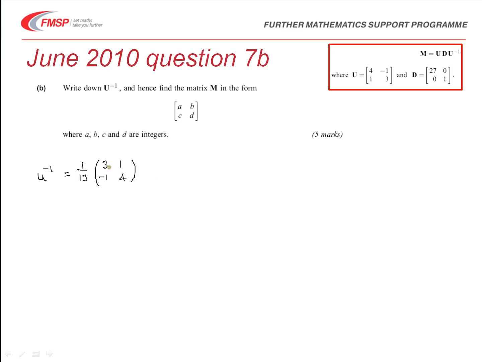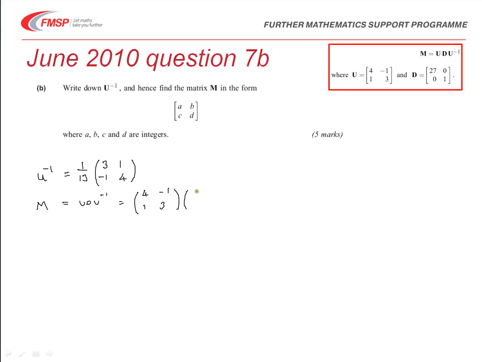Then we've got to find the matrix M. To find the matrix M, we now need to multiply U, D, U to the minus 1 together. So we know that U is (4, 1; -1, 3).